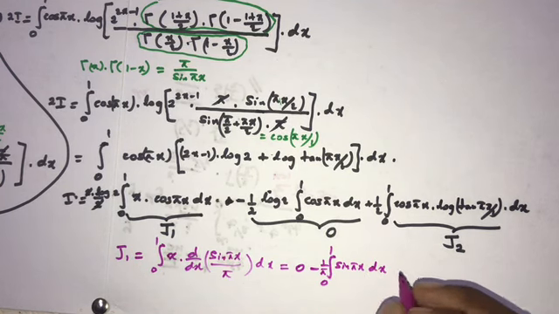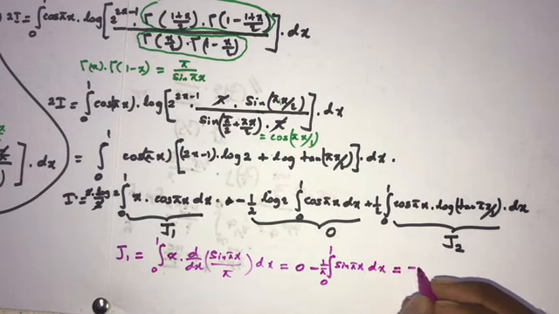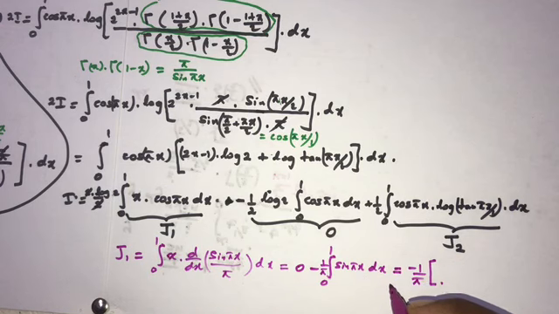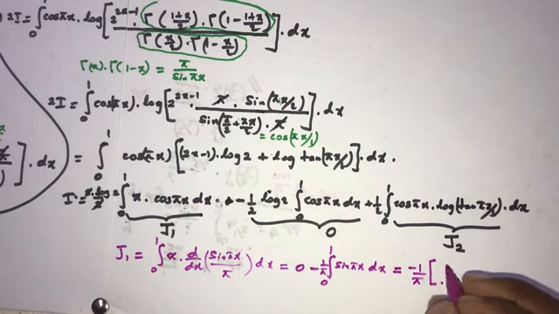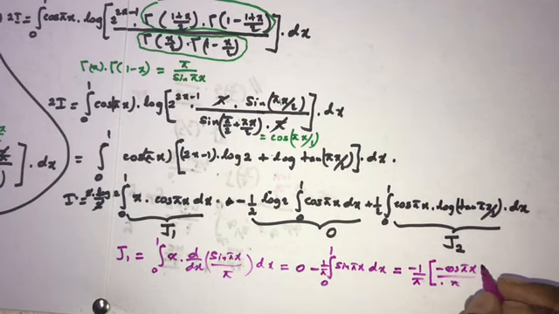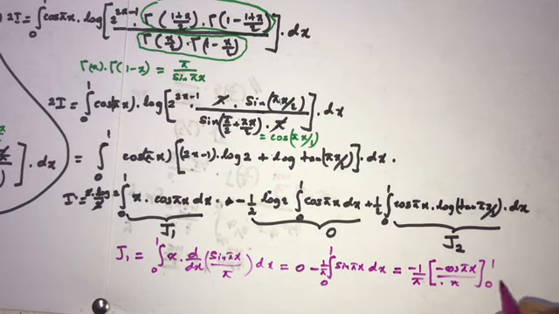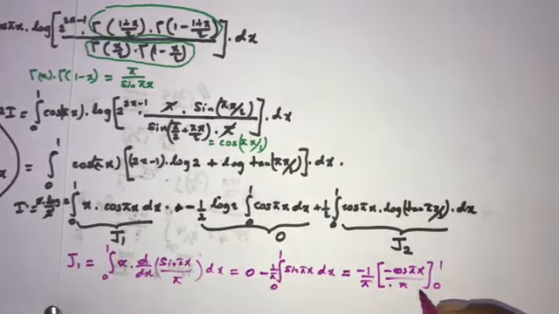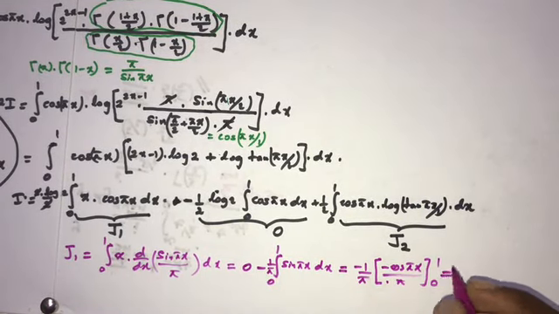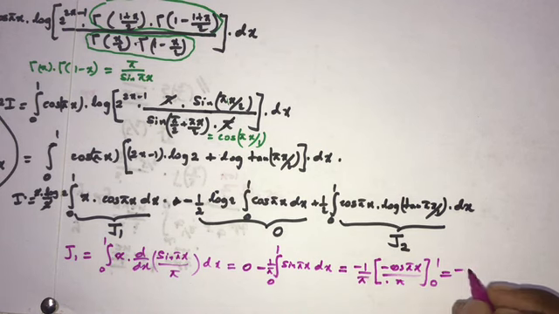Now this is equal to minus 1 over pi times cosine of pi x over pi, integral from 0 to 1. Now we can write this as minus 2 over pi square.